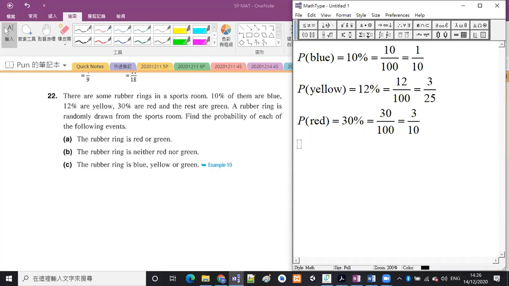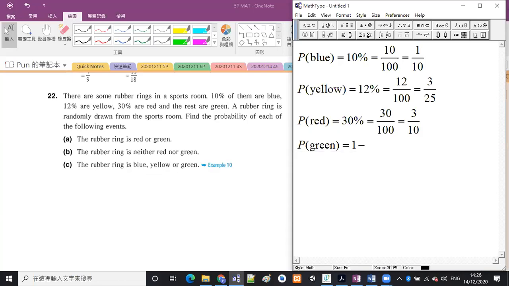Okay, but the rest are green. Can we calculate the probability of choosing a green rubber ring first? So P green should be equal to, because there are only 4 types of colors: blue, yellow, red, green, P green will be 1 minus the remaining 3.